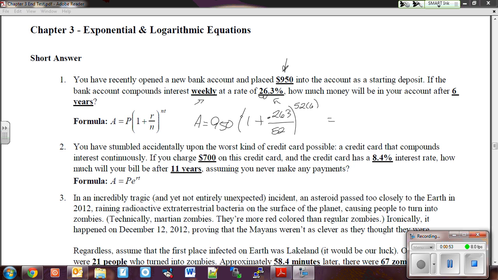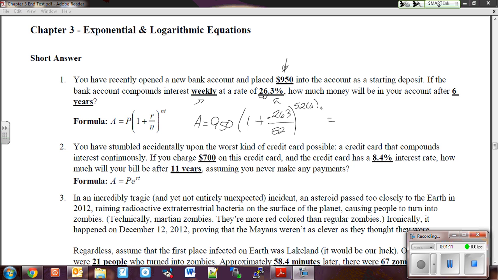So now you plug this into your calculator. And remember, it is this raised to 52 times 6, times 950. Not all of this, not 950 times this raised to 52 times 6. All right.